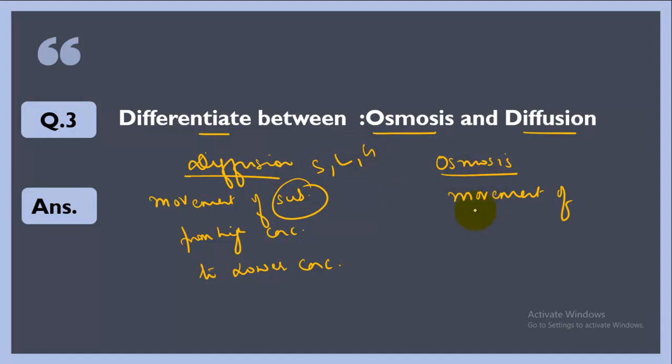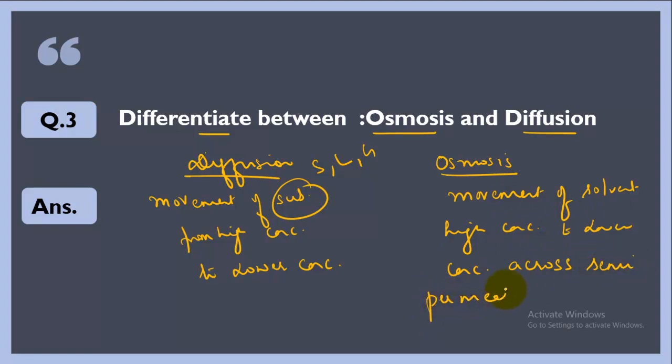But in osmosis, it is the movement of solvent, that is the liquid part, from higher concentration to lower concentration, but there is a membrane that sees that only the solvent molecules pass. So it is a movement of solvent from higher concentration to lower concentration across a semi-permeable membrane. A semi-permeable membrane allows movement of only selected substances, like in this case only the solvent molecules.